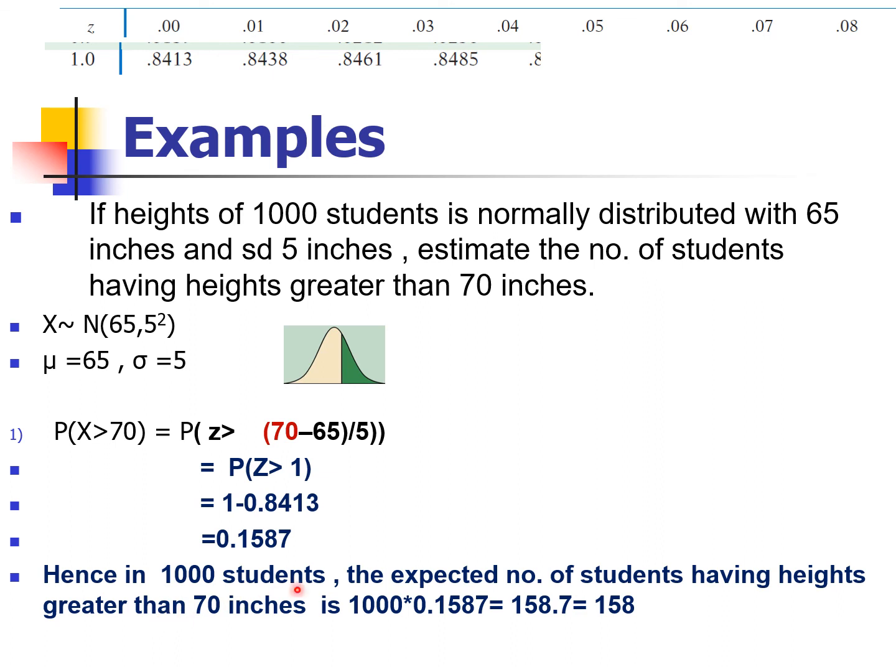Hence, in 1000 students, the expected number of students having height greater than 70 inches is this; you have calculated it as a proportion, so you multiply it by 1000 to get the count. Since we cannot have a fractional count of people, we can just approximate it, and it may say that 158 people are estimated.